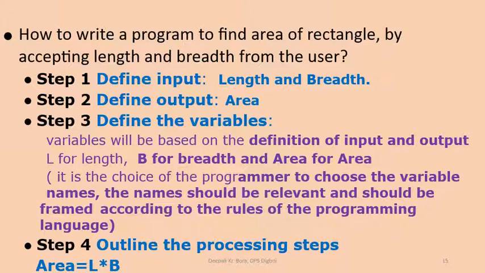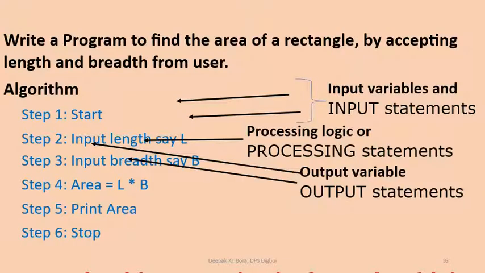Okay, we are going to see again further in detail how we are going to do the same problem, and how we are now going to write an algorithm for this. So dear students, here I've shown you an algorithm for solving the given problem, that is to find the area of a rectangle that we have discussed earlier.